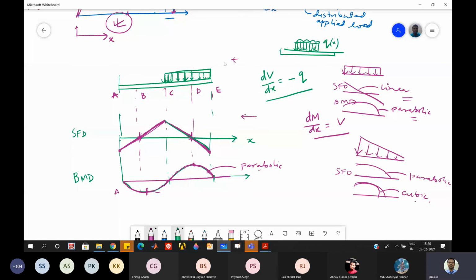So anything else now? What else in this loading diagram? Is this only load C to E or anything else? A to C upward. So I can show like this.